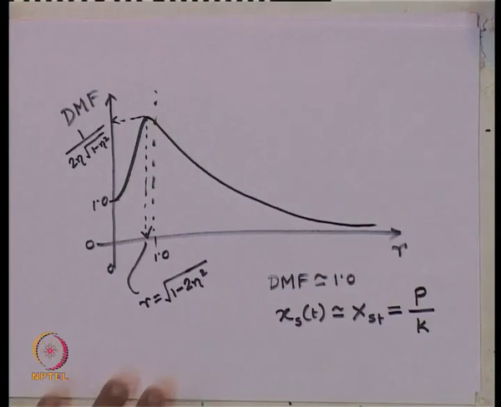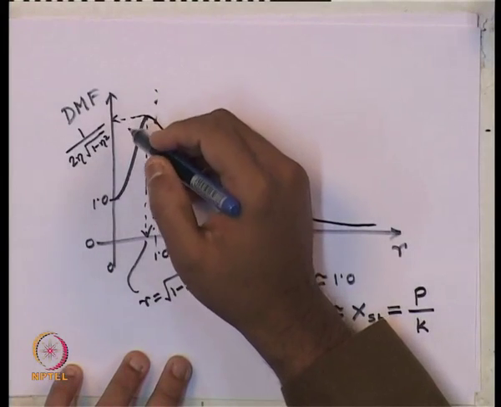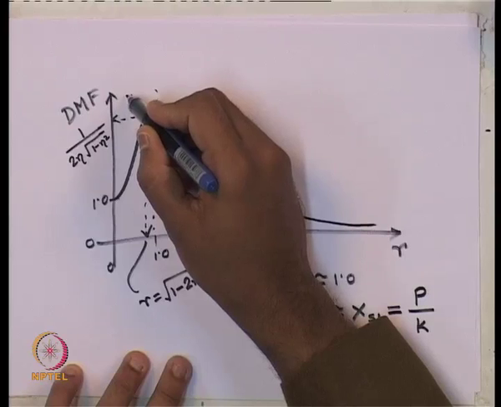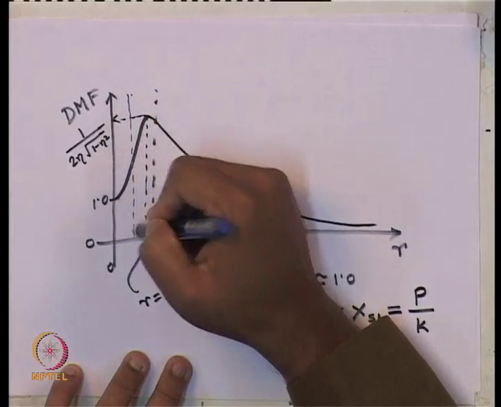So, if the DMF 1 is affected or dominated by stiffness, what can we do? We can mark, suppose, a particular zone very close to DMF equals 1.